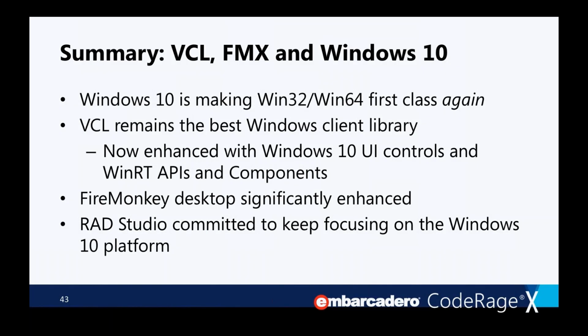WinRT, as Jim mentioned right up front, there's a whole set of WinRT runtime library interfaces, wrapper functions, and so on, wrapper classes. So if you have 10 Seattle, you can go into the source code, the RTL, and there's a whole subdirectory for WinRT of sets of components, of sets of classes that let you do a bunch of things, and we use some of that with some of the Windows 10 specific things like notifications and so on.